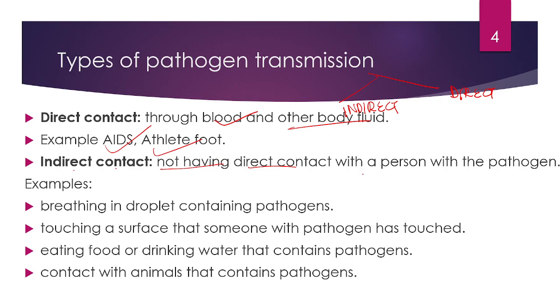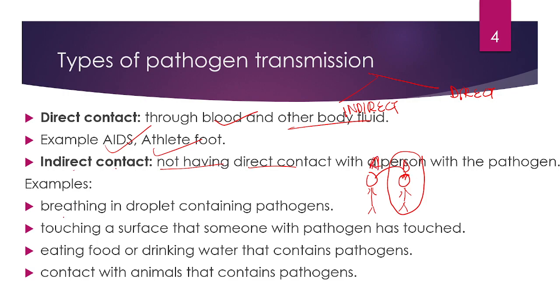Okay, let's say we have person A here and he meets person B at a restaurant and it turns out that person B has a disease which could be transferred. Even if they don't exchange blood or any body fluid, because the disease is transmissible, it could be passed on.